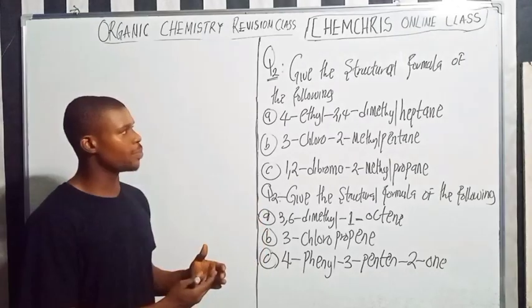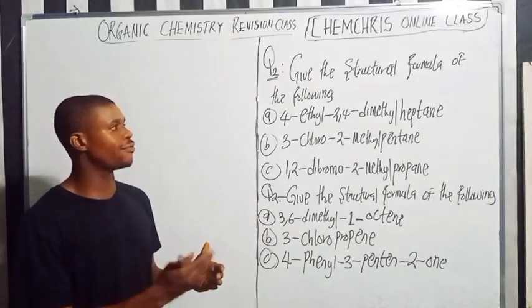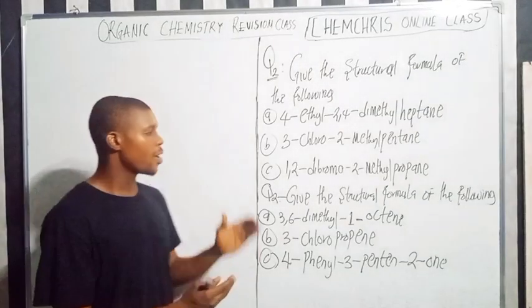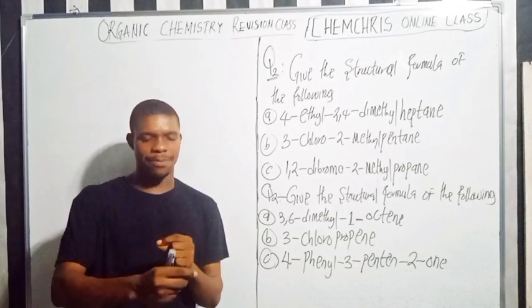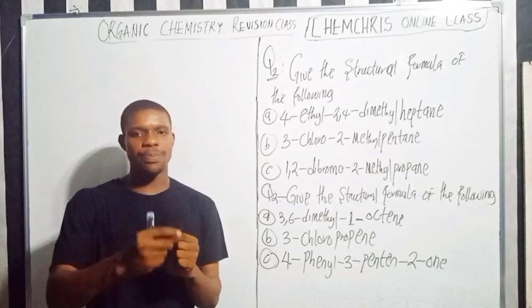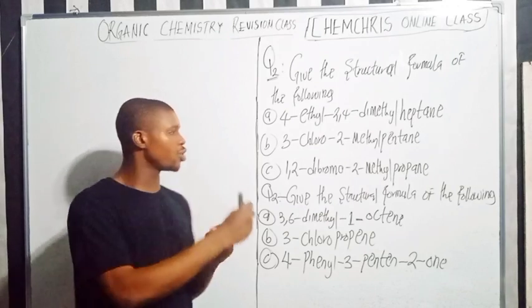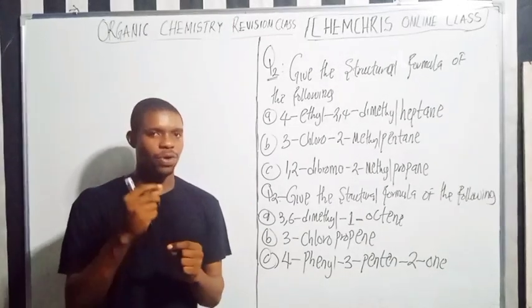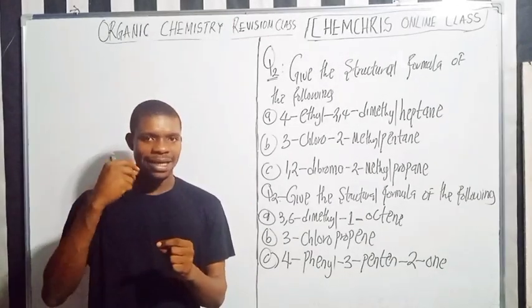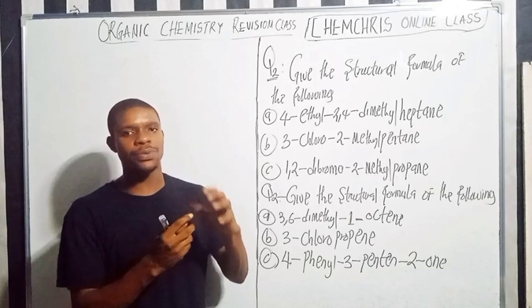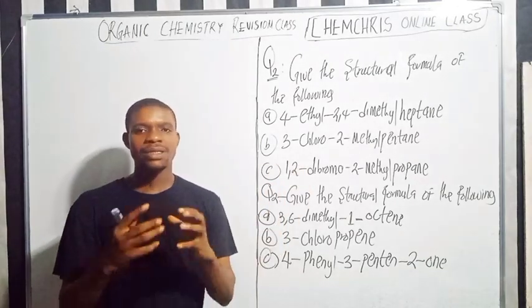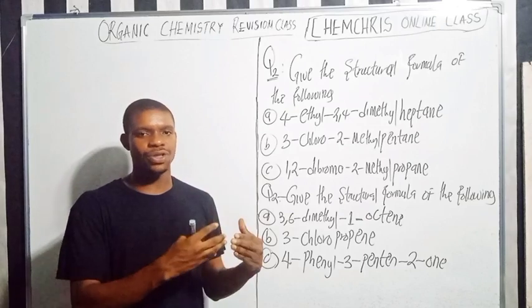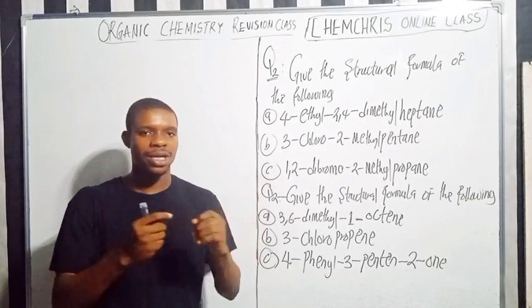Like the one you are seeing on the board here, give the structural formula of the following, right? So they want you to draw the structure from the IUPAC name. As you prepare for the organic chemistry exam, you must know how to do this, because these are things you are going to see in your exam. Previously you were given the structure to give the IUPAC name. Now it is the reverse. You are given the IUPAC name to draw the structure.